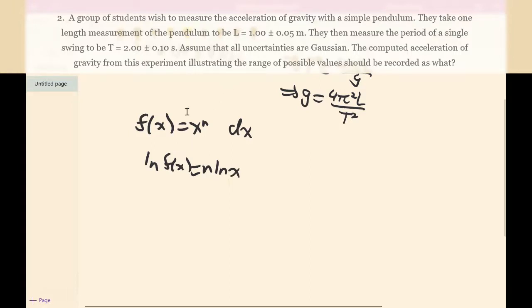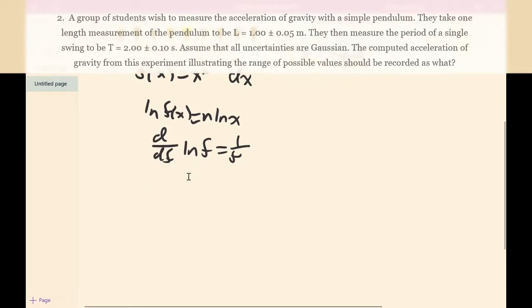Taking the derivative, d log f is equal to df over f. So df over f is just equal to n times dx over x.